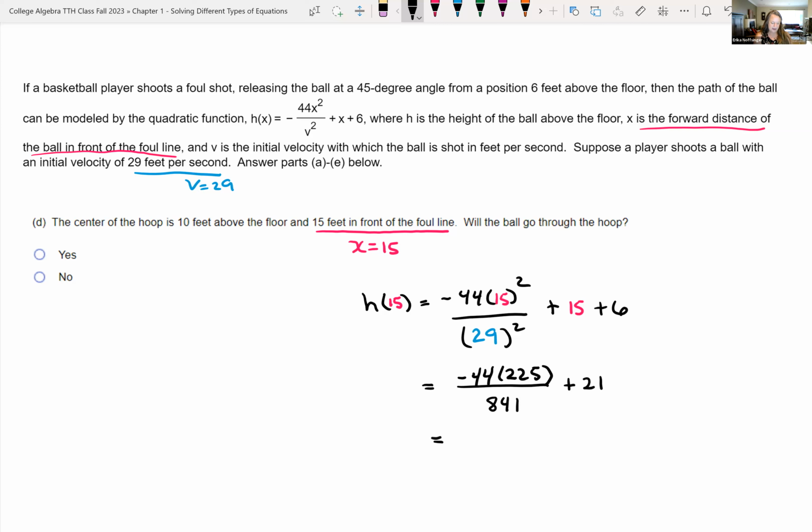Divide that answer by 841. And then sum 21. We get that this is approximately 9.23 feet. The center of the hoop is 10 feet above the floor. And so the ball will not go through the hoop 15 feet in front of the foul line.